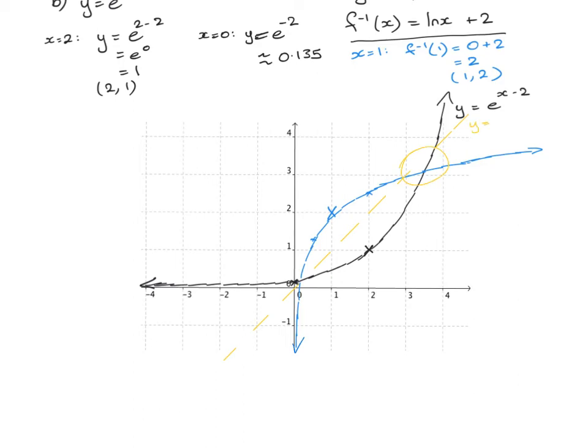So I'm guessing I should have drawn it a bit more like this, a little bit more up. And that would be a bit better. Okay, but you get the idea that even just by subbing in points, we do get two graphs that are reflected along the line y equals x as they should be because they're inverses of each other.